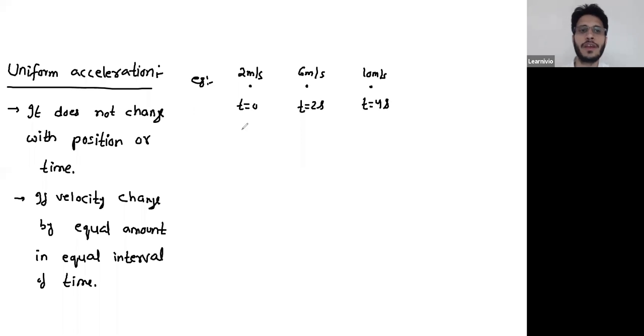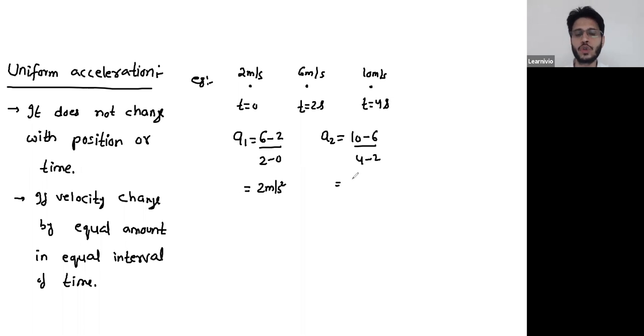If I calculate acceleration this way, the change in velocity is 6 minus 2 over the time interval 2 minus 0, so it's 4 by 2, that's 2 meter per second square. Similarly here, velocity changes from 6 to 10, so it's 10 minus 6 over 4 minus 2, which is 4 by 2, again 2 meter per second square.